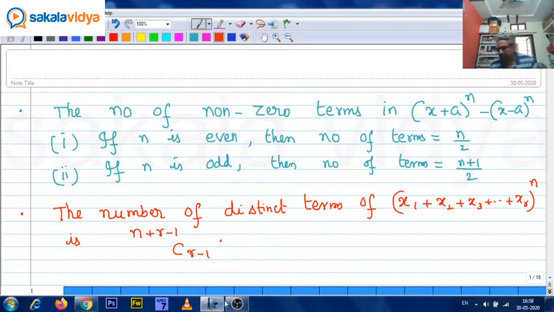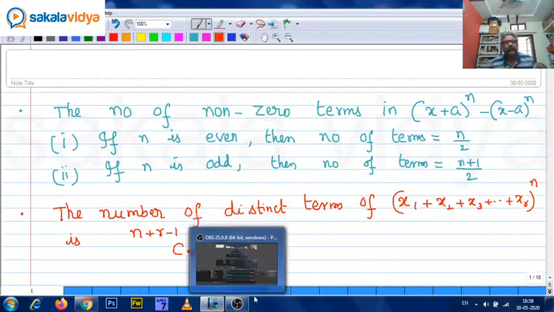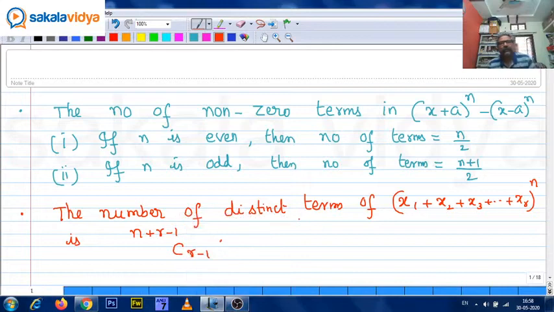It's a combination formula you need to remember. This will be useful for permutations and combinations also. The number of distinct terms of the multinomial (x1 plus x2 plus ... plus xr) whole to the power of n is n plus r minus 1 C r minus 1.